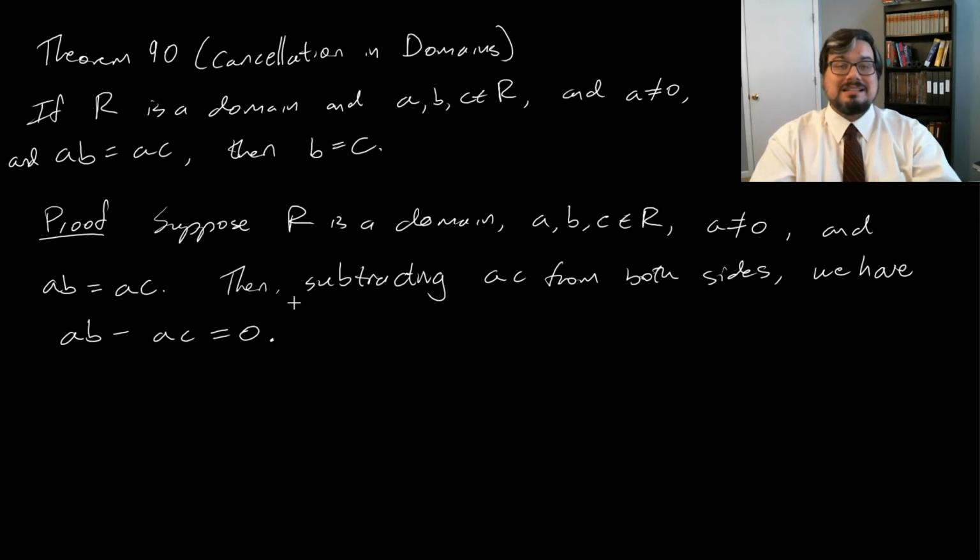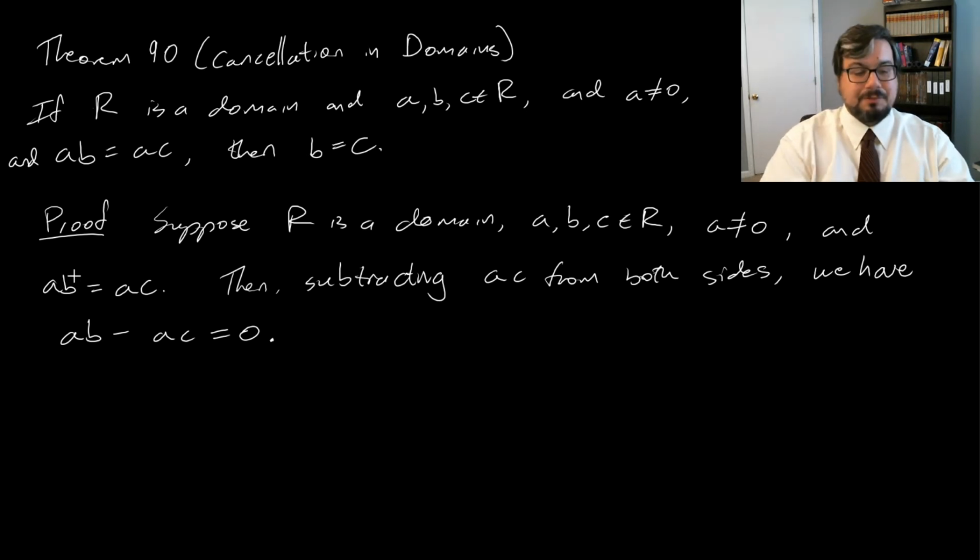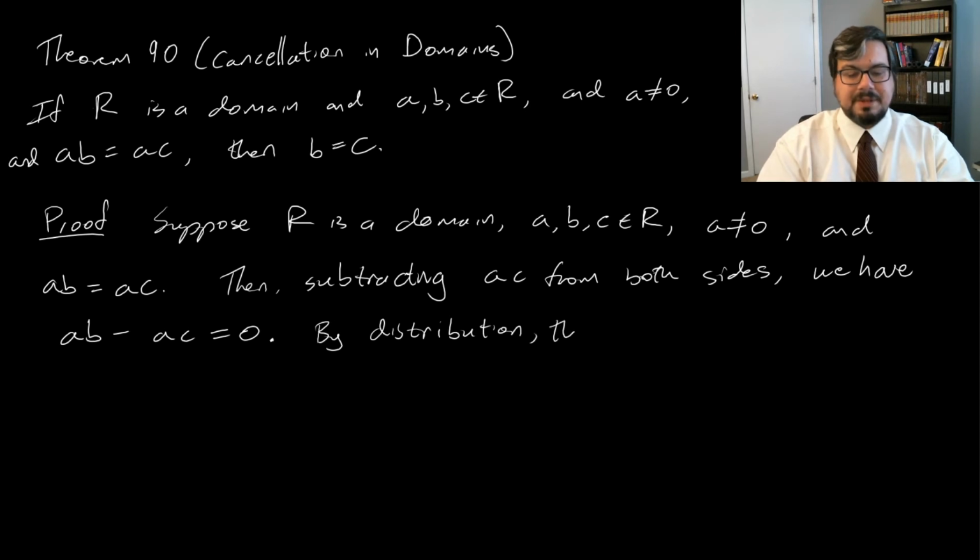And as I mentioned in the last lecture, you should always be on the lookout for where you're going to use distribution, because especially for the sort of elementary proofs that we've got going on, we're going to be using distribution in almost every proof. In this case, we're going to use it to factor the a out on the left. By distribution, this means that a times (b minus c) is equal to 0.